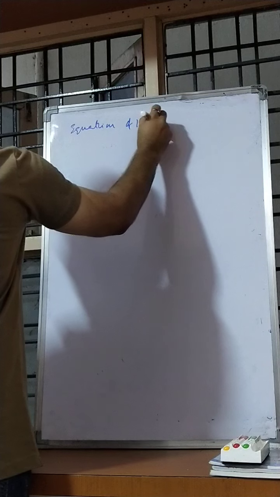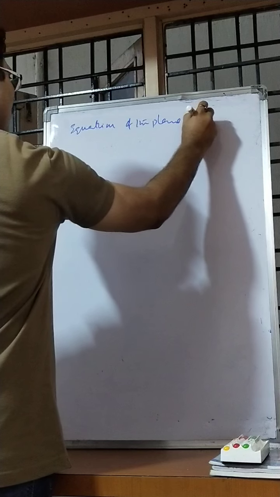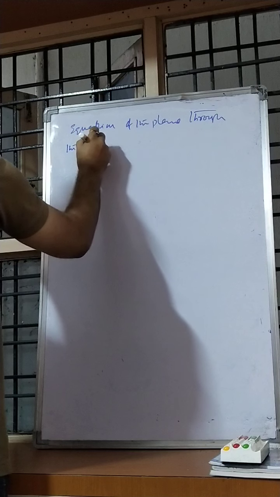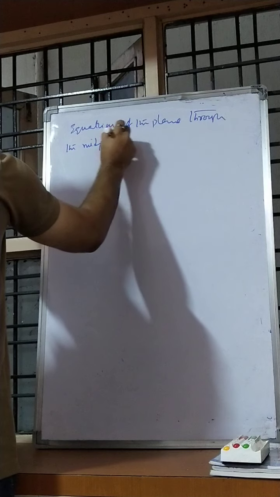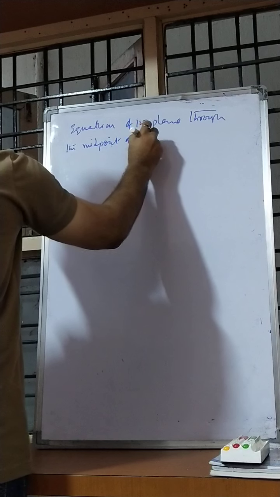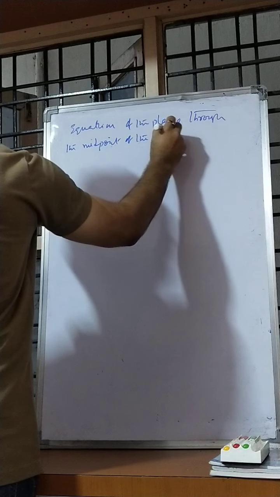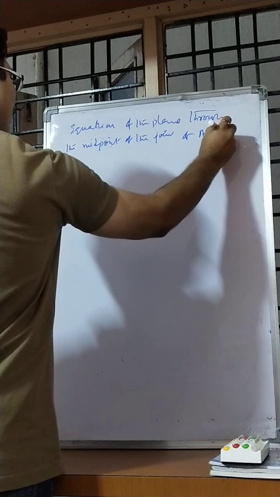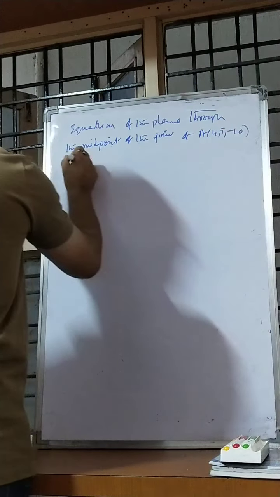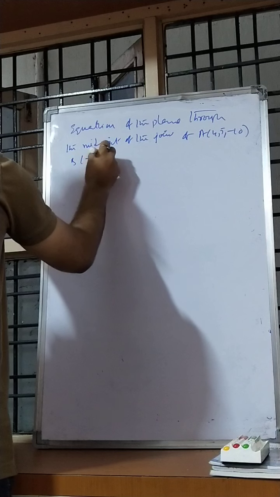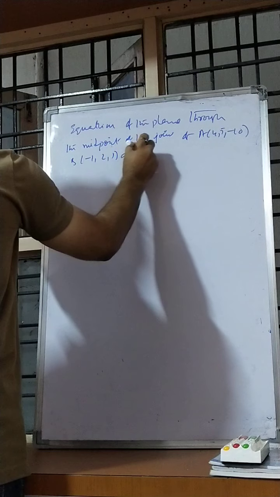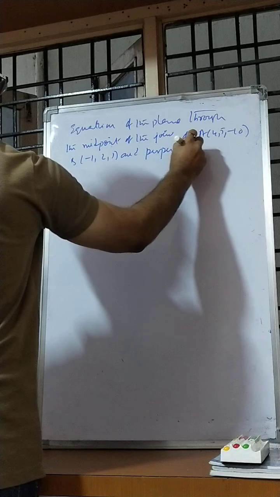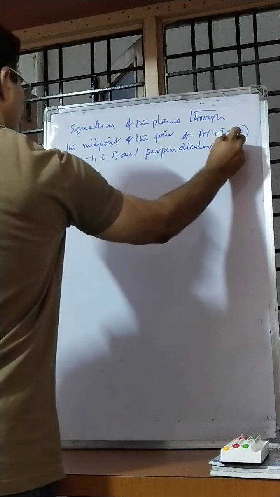Equation of the plane through the midpoint of the join of A (4, 5, minus 10) and B (minus 1, 2, 1) and perpendicular to AB.